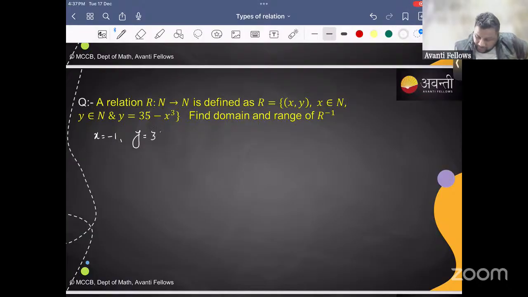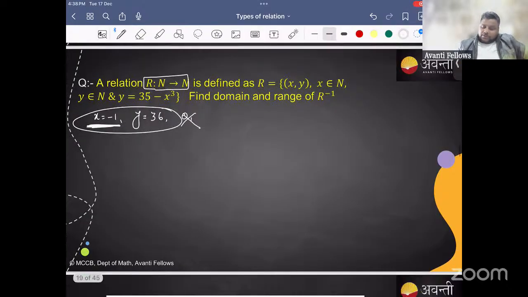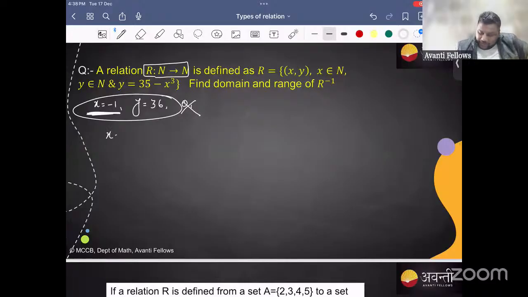Am I clear? Natural number means x as -1 you cannot take, so reject this case. Now the first value of x I am going to take as 1.